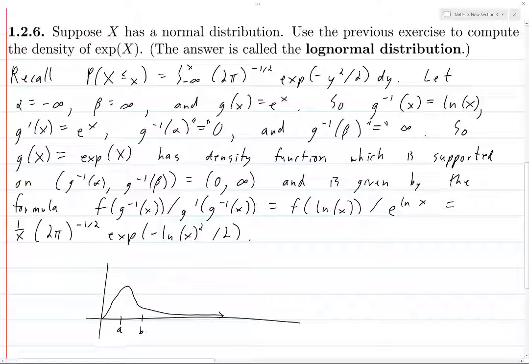Well, it involves logs, and it comes from the normal distribution, so maybe that's why it's called that. Also, another thing to note is that when I have minus natural log of x squared, that's natural log of x times the natural log of x. It's not the natural log of the quantity x squared, because if that were the case, then you could bring the exponent 2 out in front of the natural log, which you're not allowed to do here.